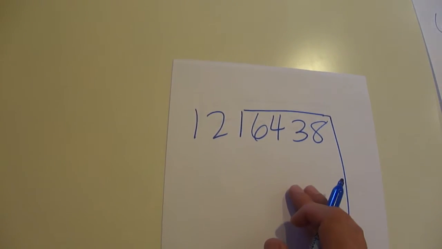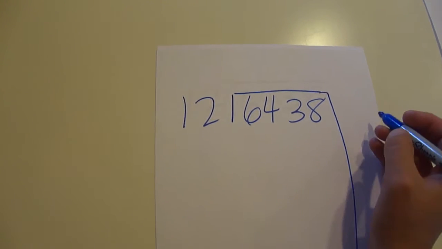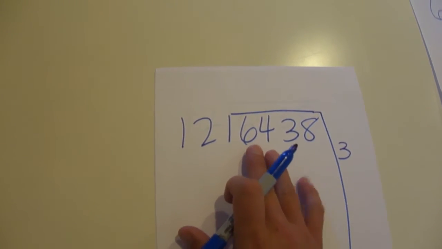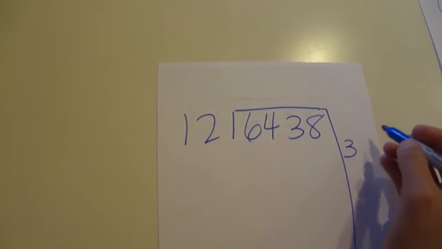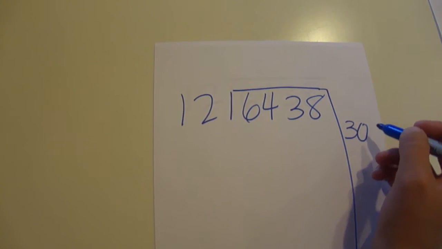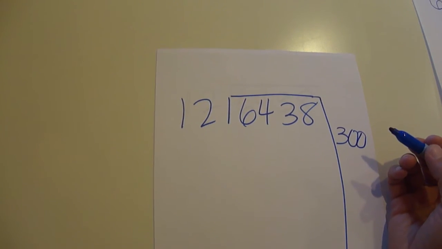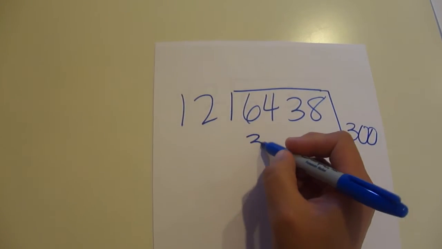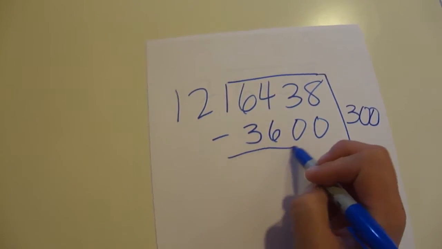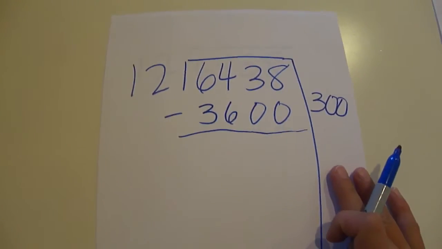I know 36 would be 3 12s, but I need to get to like 3,000. So let's see, 30 12s would be 360, and so 300 12s would be 3,600. So a kid with a little bit of place value understanding might start with a chunk like this.